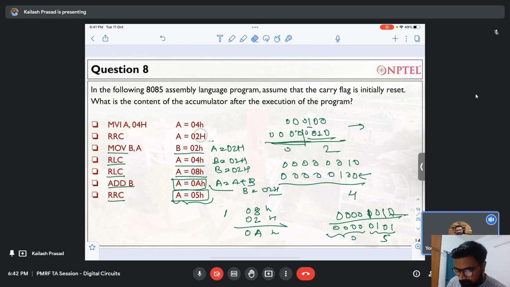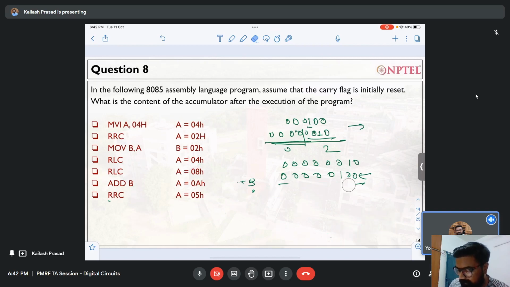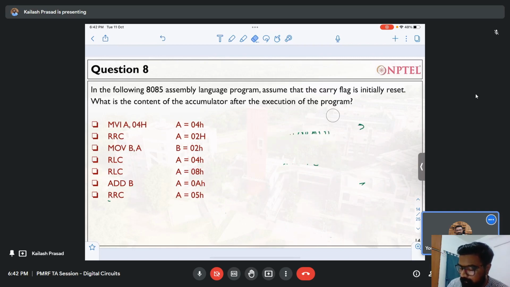So let me repeat everything again. Everybody listen, if you have missed anything while I was explaining in the first part. Whenever I write MVI A equal to 04, it means the value of A becomes 04H. I think that is clear. Now you are doing a right shift, which means A is right shifted by 1.